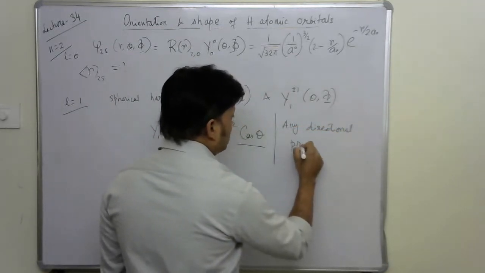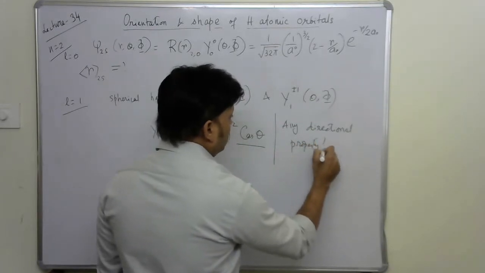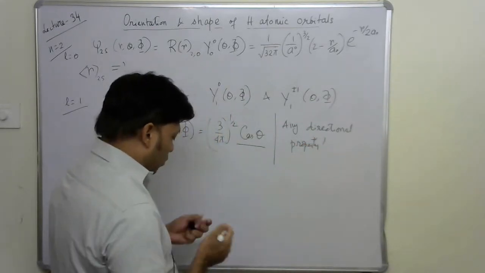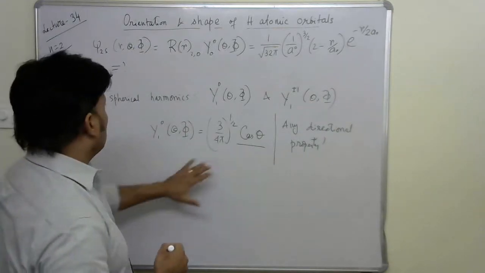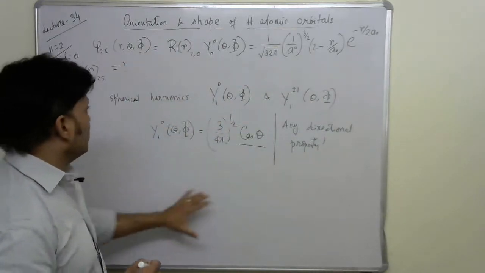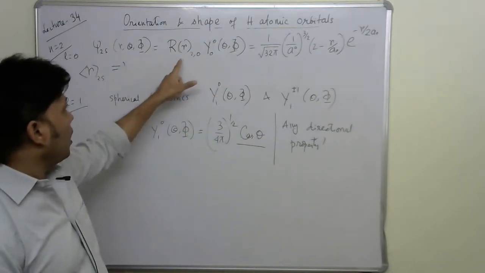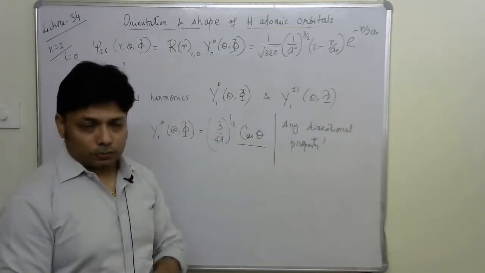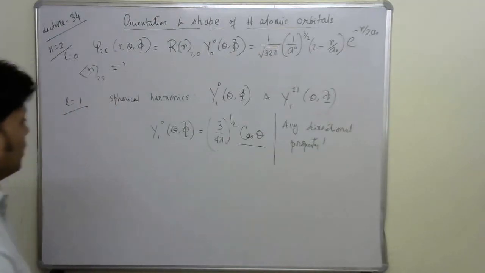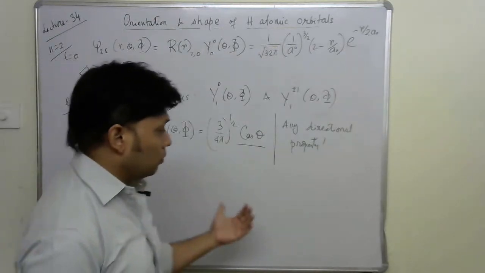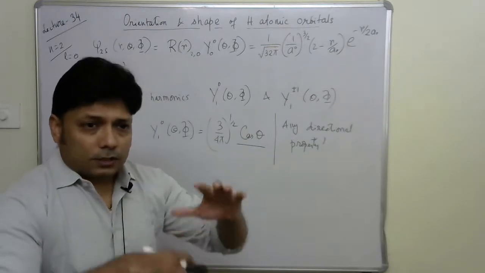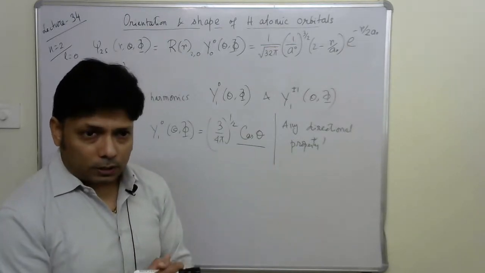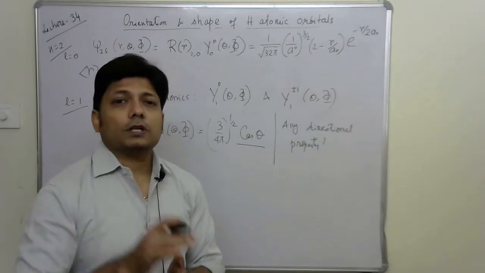Or in other words, what is the orientation of the orbital that we are going to generate from this part, that means from R20 Y10? That is our first question. And the second question we would like to ask is, if we are successful in generating the orbital, what would be the shape of it?